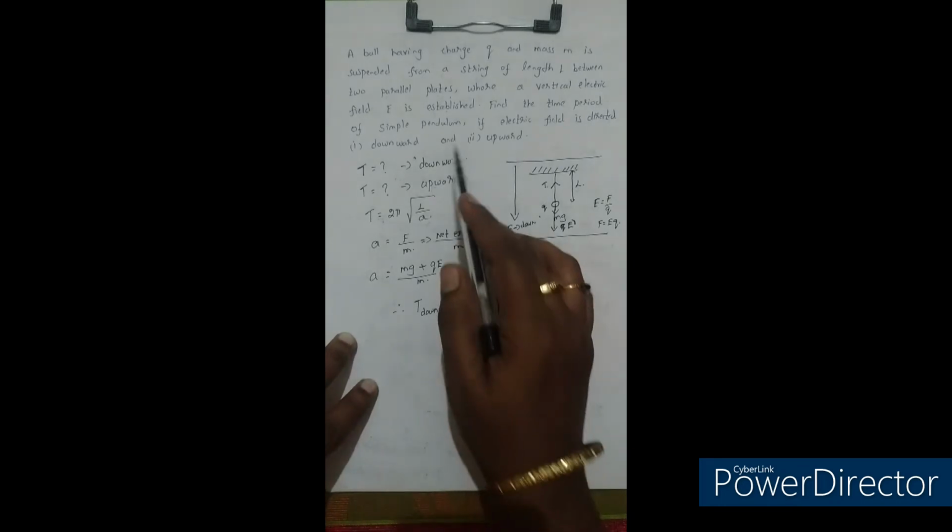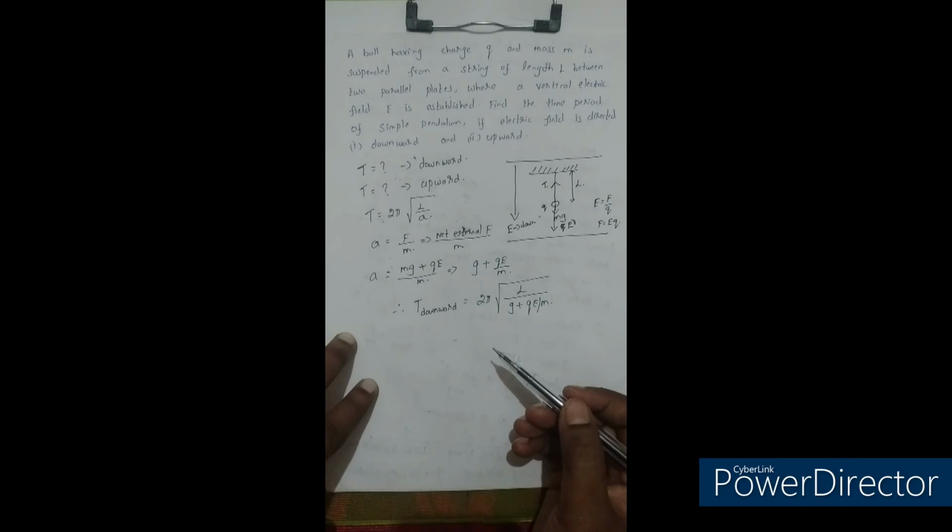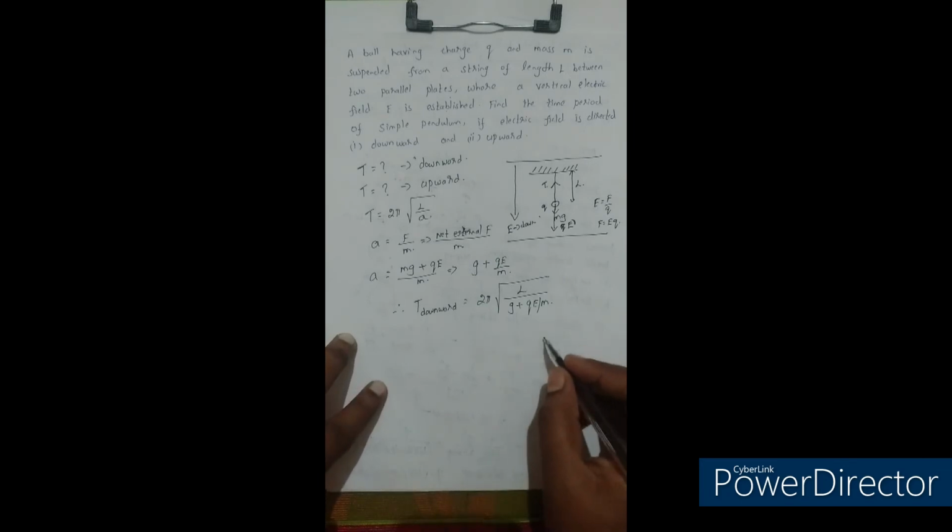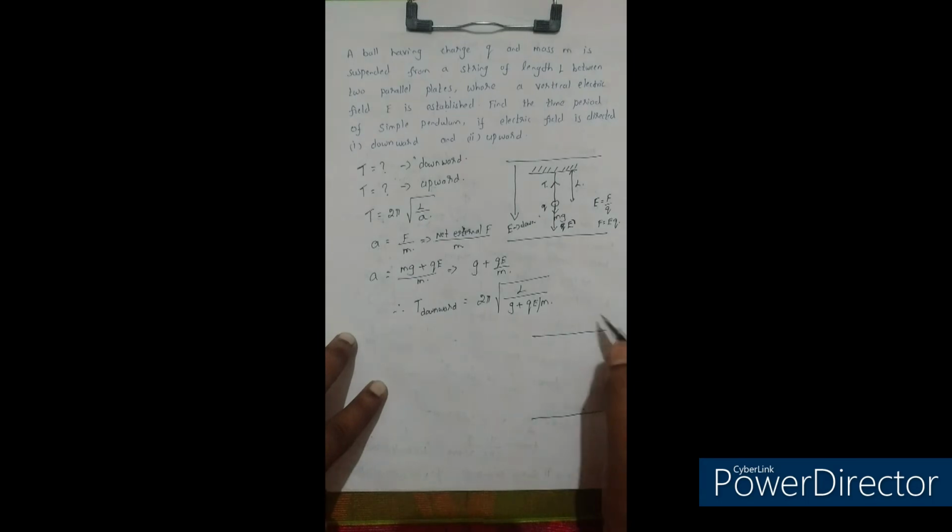Now for the second case, the electric field is in the upward direction. The diagram will be like this. As I have drawn a separate diagram for you, as the field is in the upward direction, this should be your positive plate and this should be your negative plate.